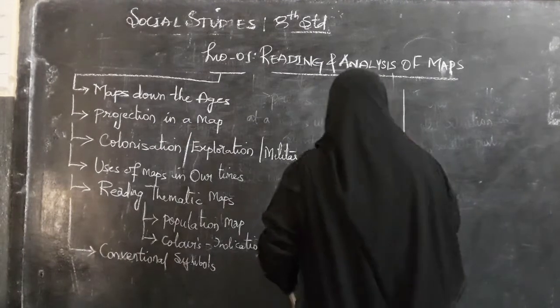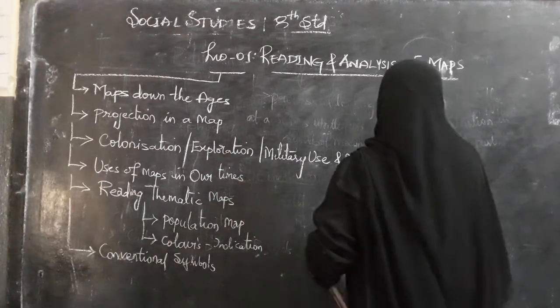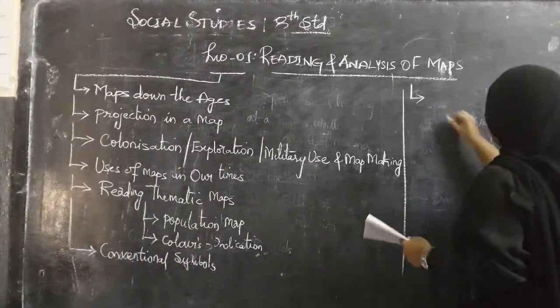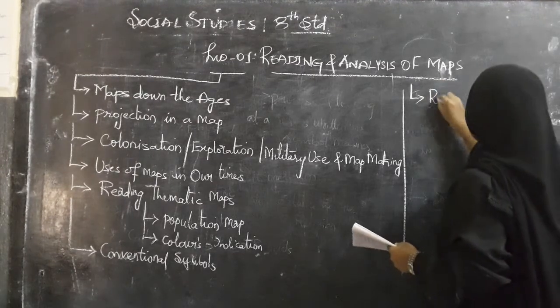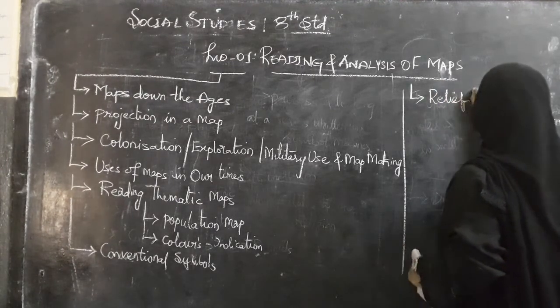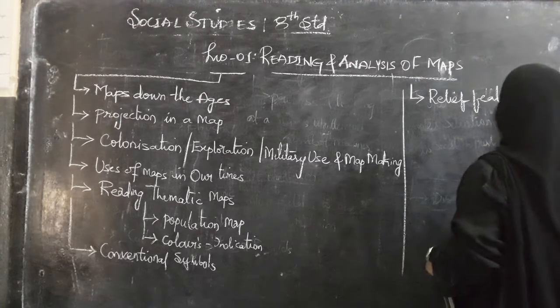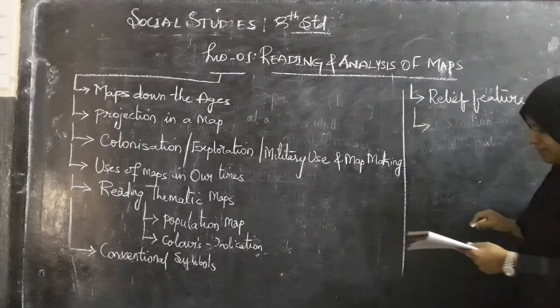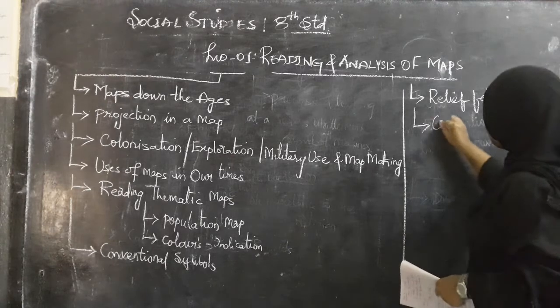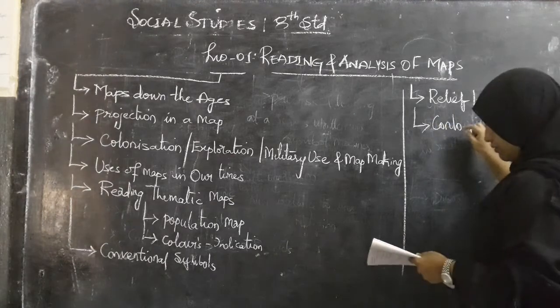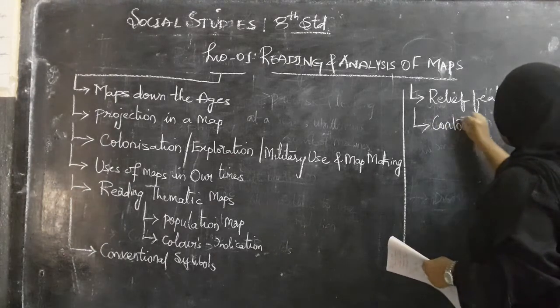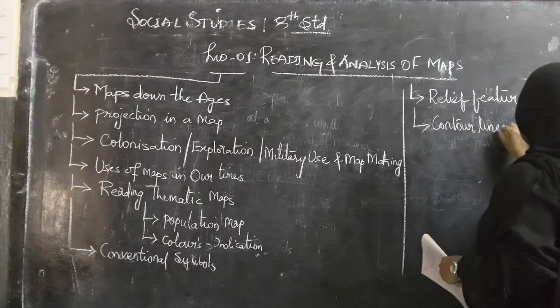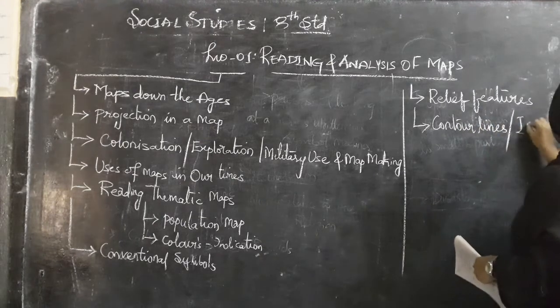Next, relief features. Next one, contour lines, which are also known as isolines.